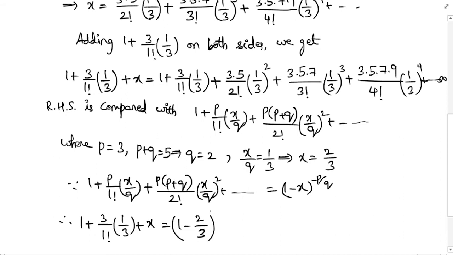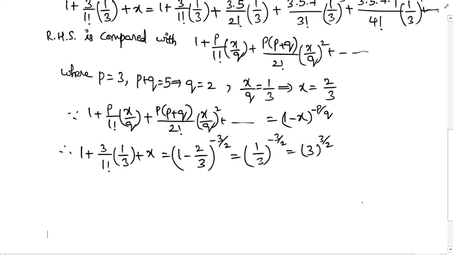So (2 by 3) whole power minus p by q, that is minus 3 by 2, that is equal to (1 by 3) whole power minus 3 by 2, that is equal to 3 power 3 by 2. So that means 2 plus x is equal to 3 power 3 by 2.